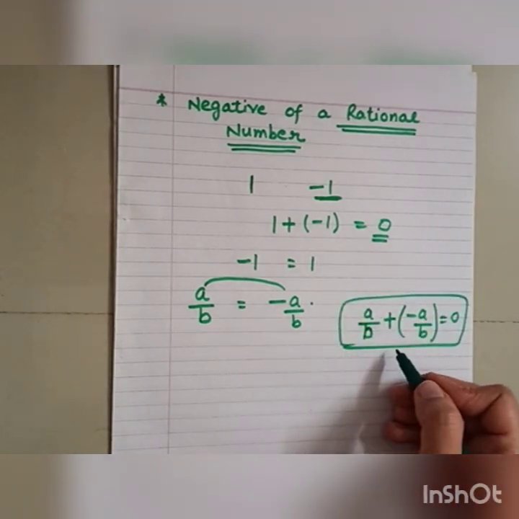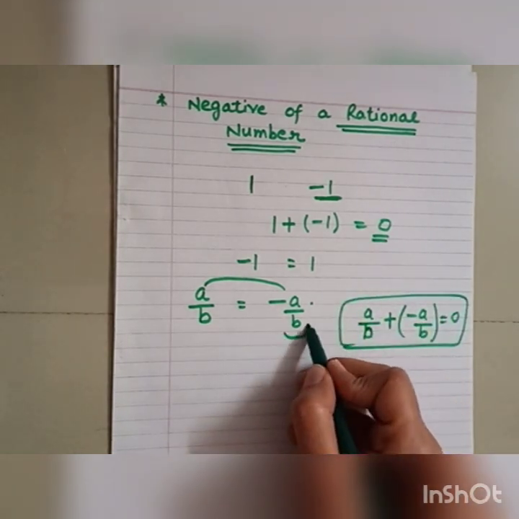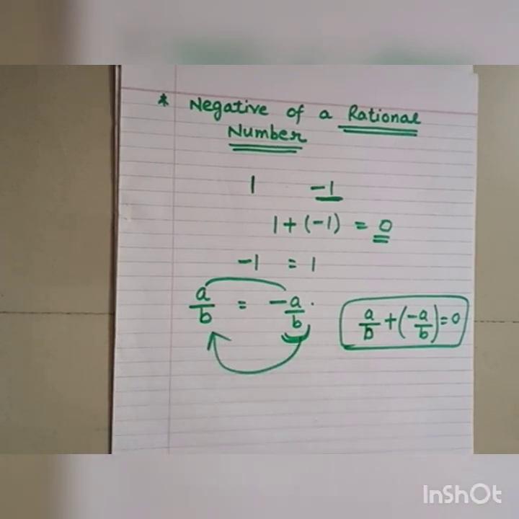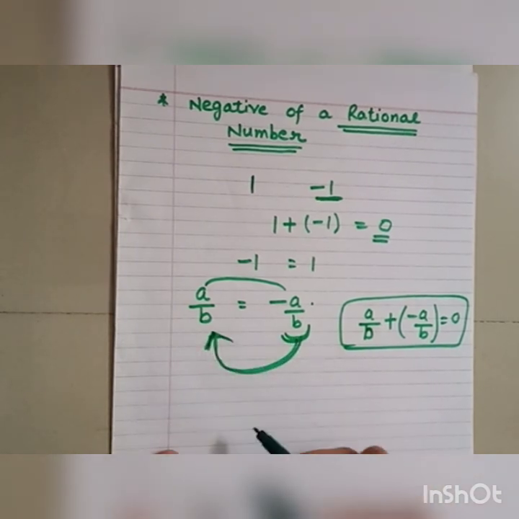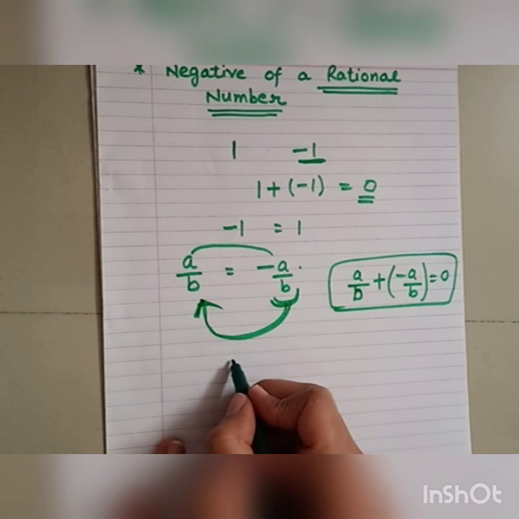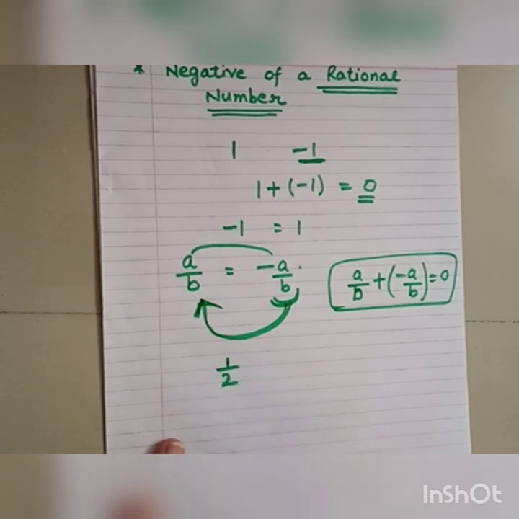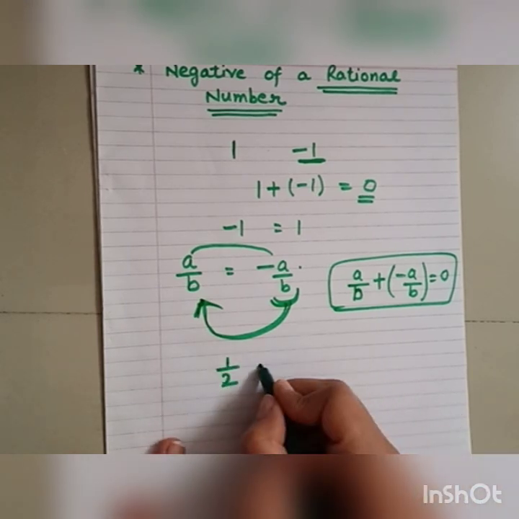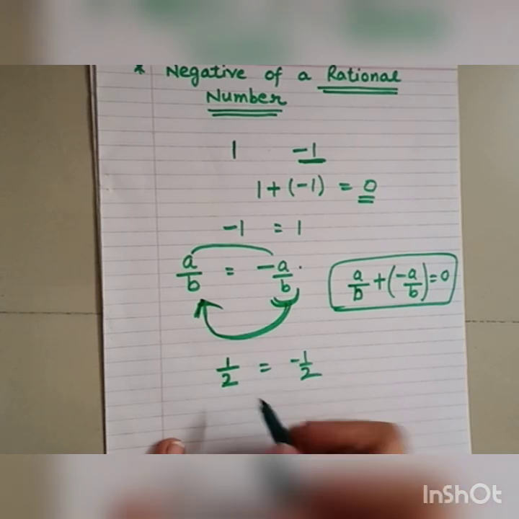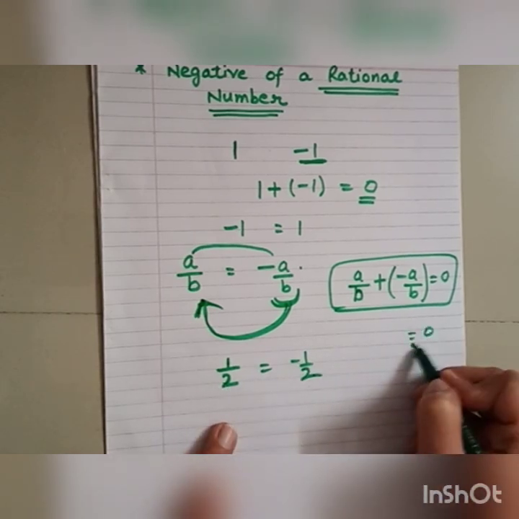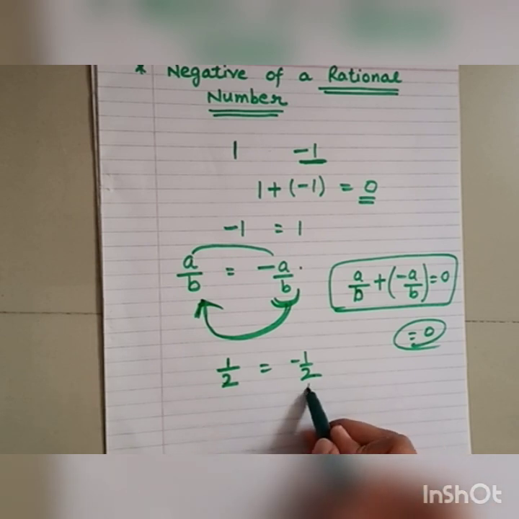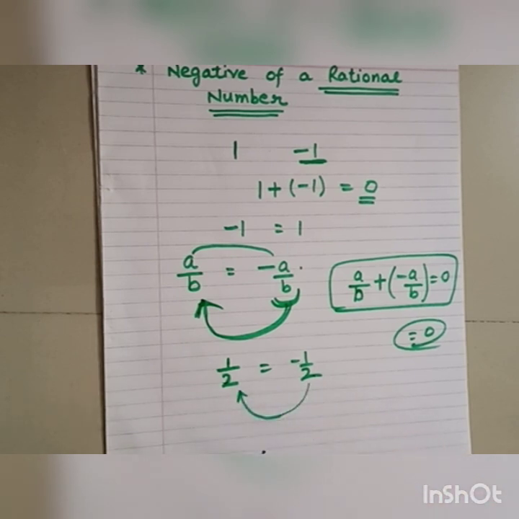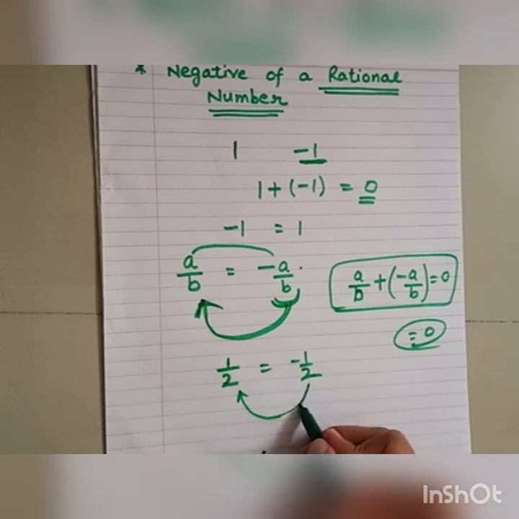So we can say this is the negative of a by b, or you can also say this is the additive inverse of a by b. Means 1 by 2: the negative of this is minus 1 by 2, and 1 by 2 plus minus 1 by 2 is 0, this condition is satisfied. Okay, so you can say this is the negative of 1 by 2 and also its additive inverse.